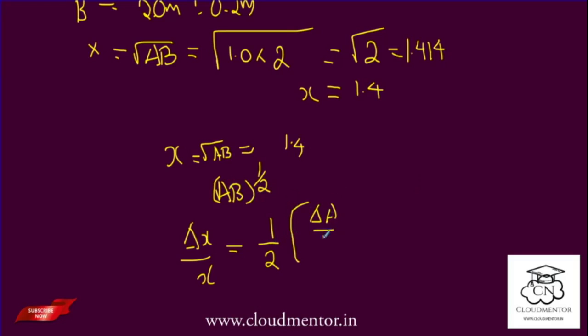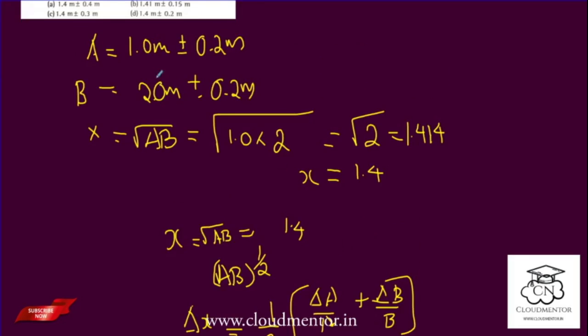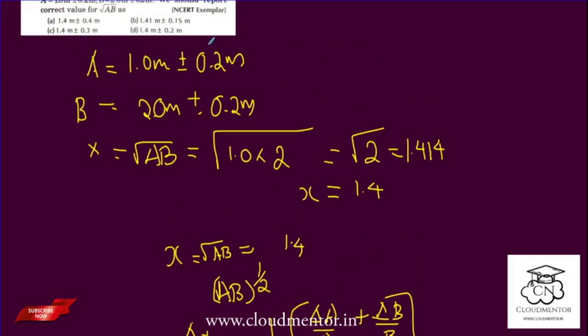Delta a by a and delta b by b are the absolute errors given here.